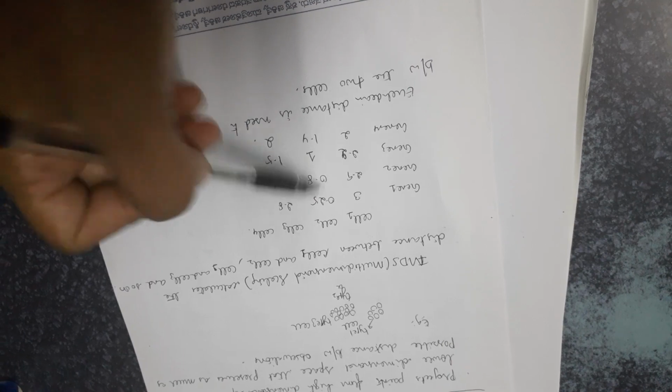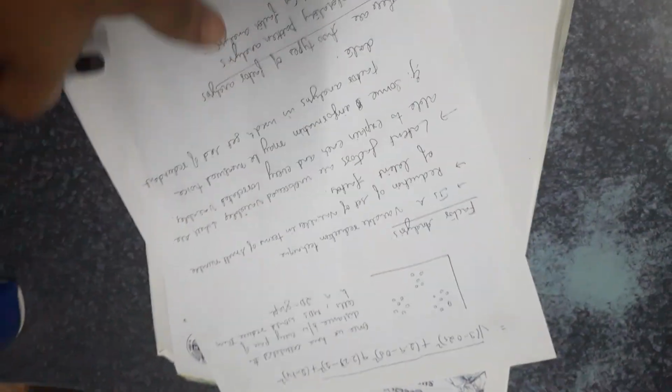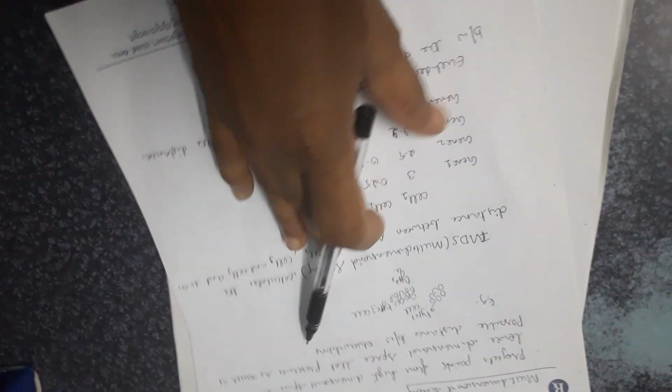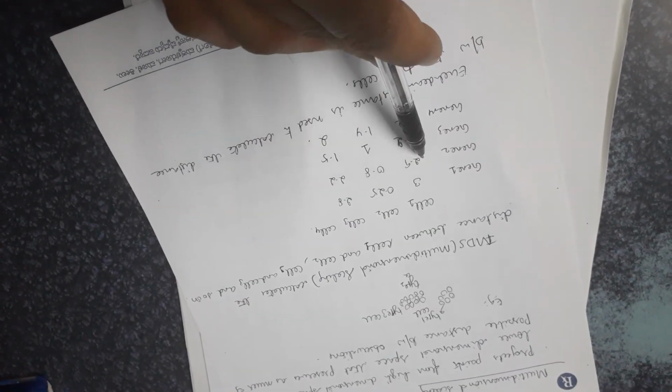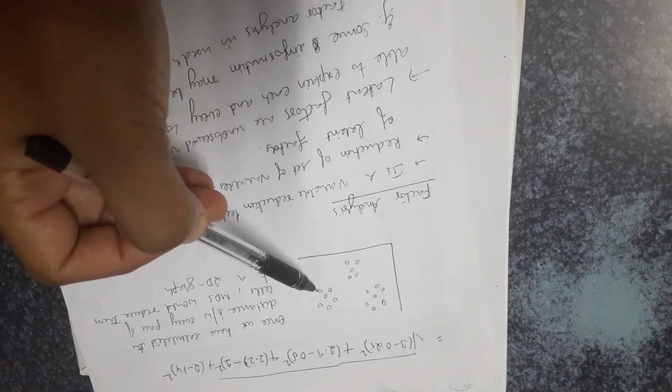Find the distance. That means add up all these squared differences and you will get one value. Similarly, find it for every cell to every other cell. For every cell to every other cell, you will find a distance. If the distance is nearest, they will all be clustered or grouped under one group.